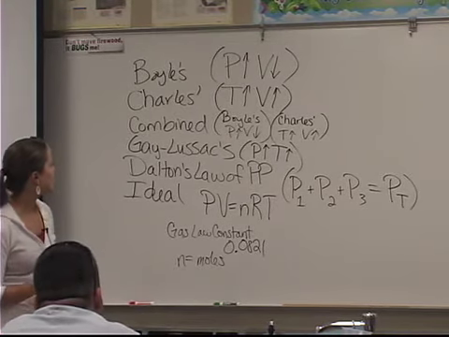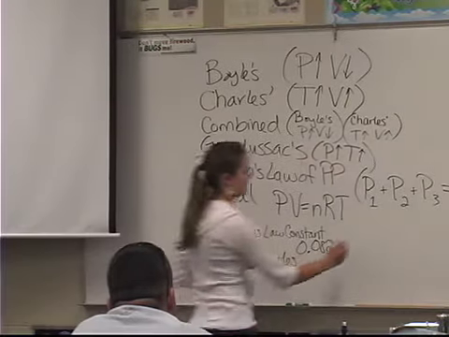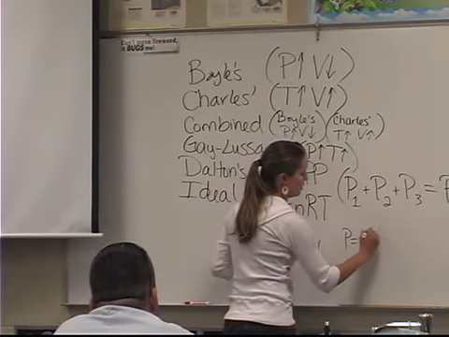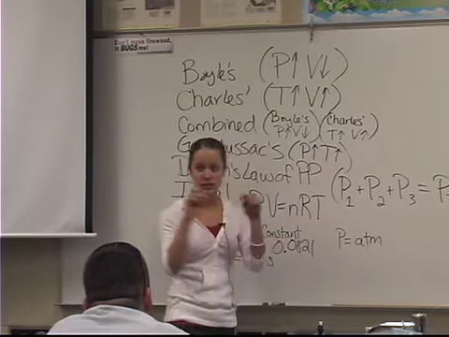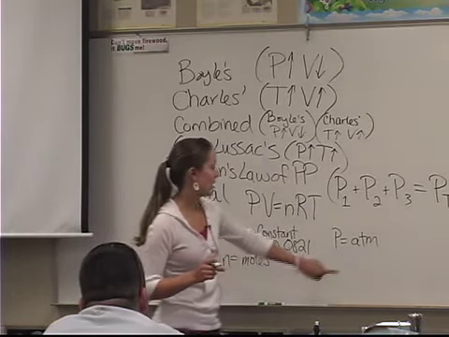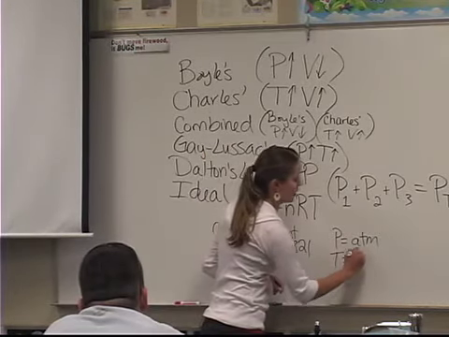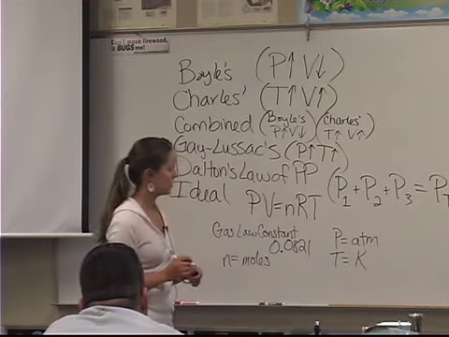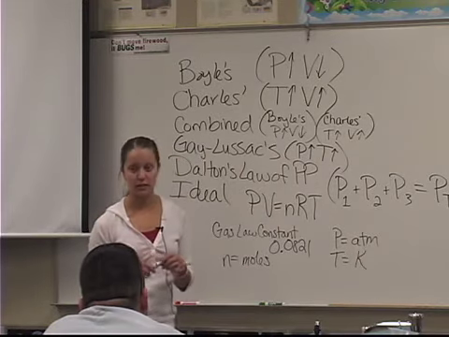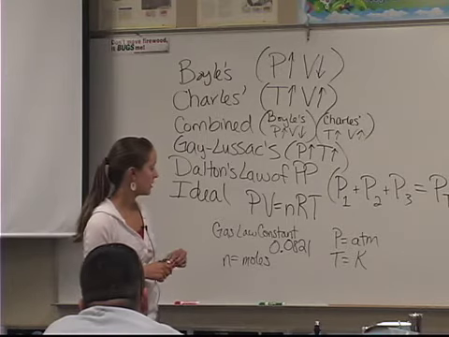Whenever you're doing any of these, pressure has to be in ATMs. And there's little conversions on that cheat sheet that you get to use to make them all ATM. Temperature has to be in Kelvin, which 273 is the number that you have to use to convert between Celsius.